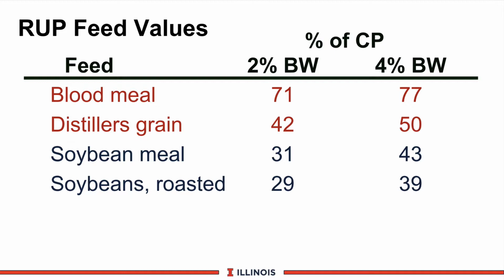Let's look at some of the effects of intake. Here are your RUP, rumen undegradable protein values, based at 2% of body weight, which would probably be a cow giving around 30 or 40 pounds of milk, and one at 4% of body weight, a high-producing cow, probably giving in excess of 80 pounds of milk. Look at blood meal. When it's at 2% of body weight, about 71% of the crude protein would be RUP.